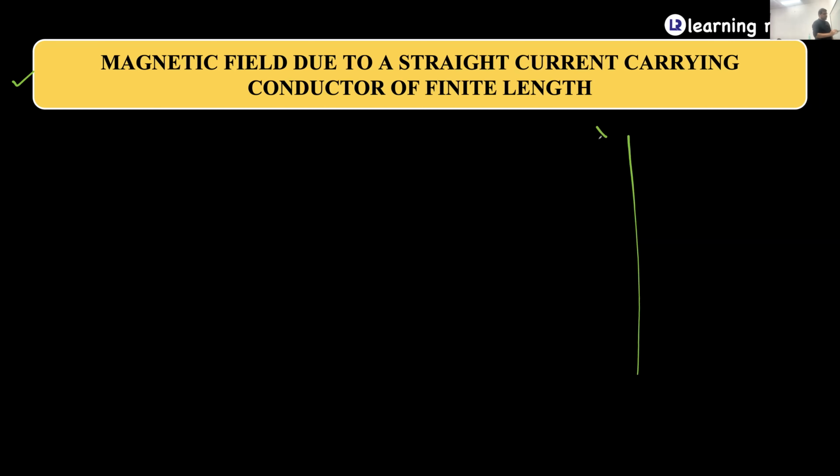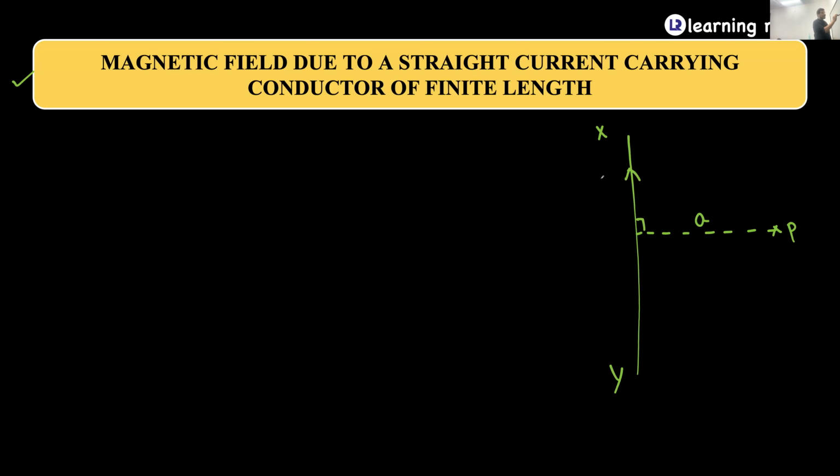And let me call this conductor XY. And due to this conductor, we will calculate the magnetic field at a point P, which is at a distance a from it. So whenever I say distance from a point to a straight current carrying conductor or a straight line, it is always the perpendicular distance. Okay.